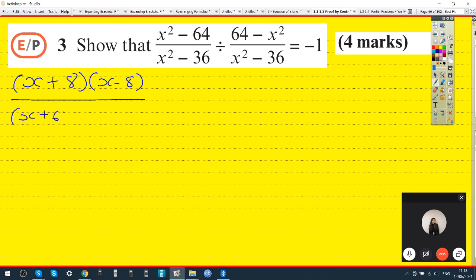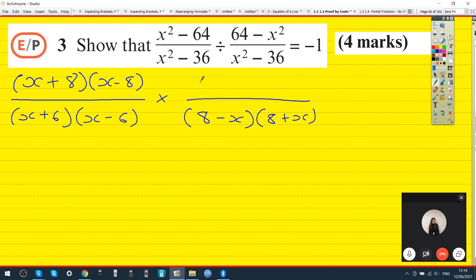It would be like x minus 8, x plus 8. I'm not sure. No. The 8 would have to come first, I think. So like 8 minus x, 8 plus x. Yeah. So those two cancel. X plus 6, x minus 6.